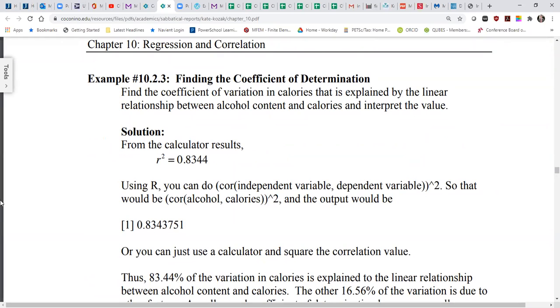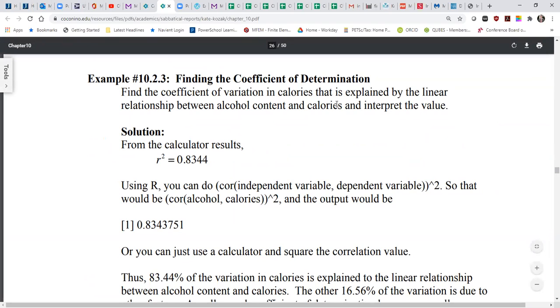Just simply, find the coefficient of determination, the variation in calories that is explained by the linear relationship between alcohol content and calories. If you have the calculator you find this value, right? And also if you use R you get the same number here.